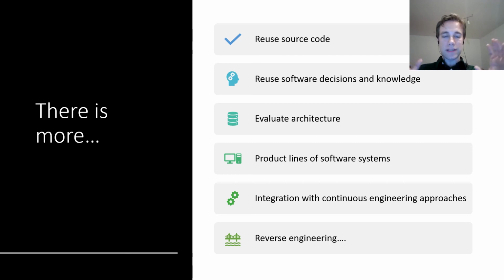After all of these things are covered, there are two very important practical parts of software architecture. The first one is how to integrate the software architecture process with the continuous engineering process, because software architecture is not just a phase. Software architecture is an action that happens in parallel with software engineering, with software development.